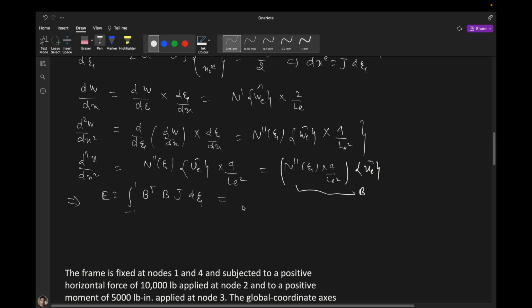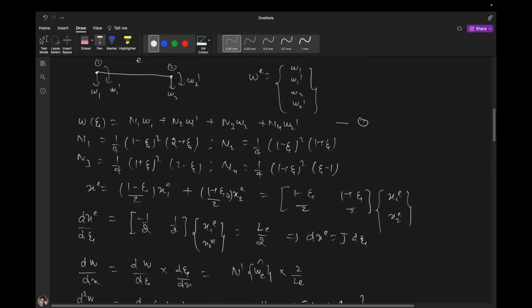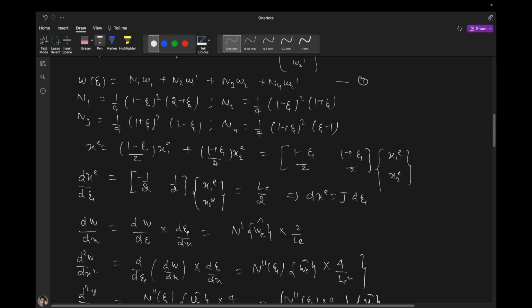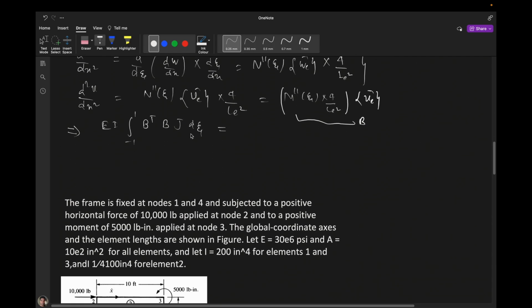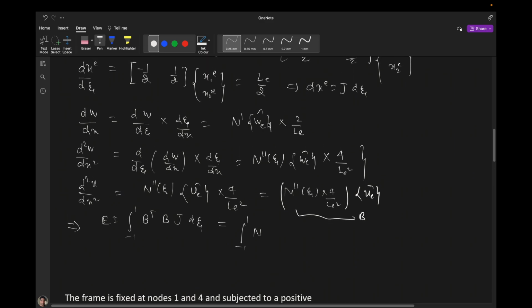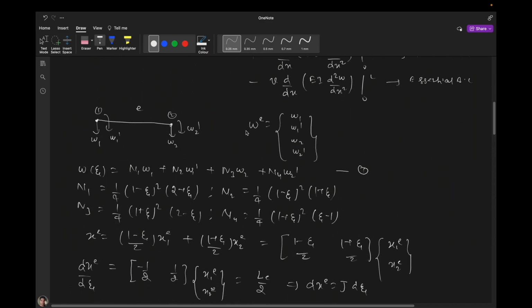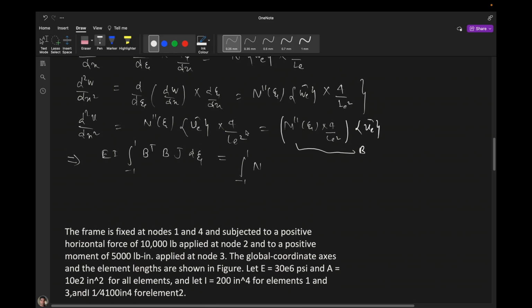equal to, since we have to also convert the right hand side, we will write it from minus 1 to 1, and since there is no such derivative, we will directly write N transpose Q, and since we are changing the variable, the Jacobian will come into the picture, and del zeta.